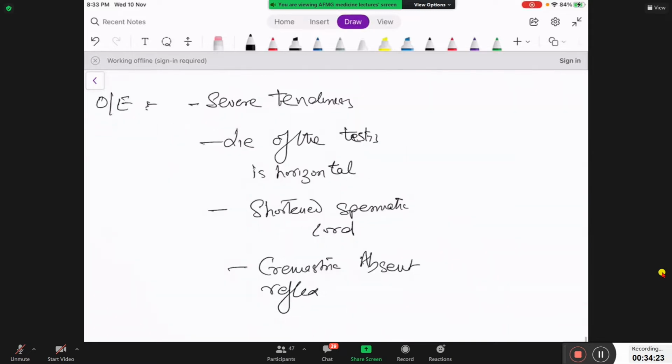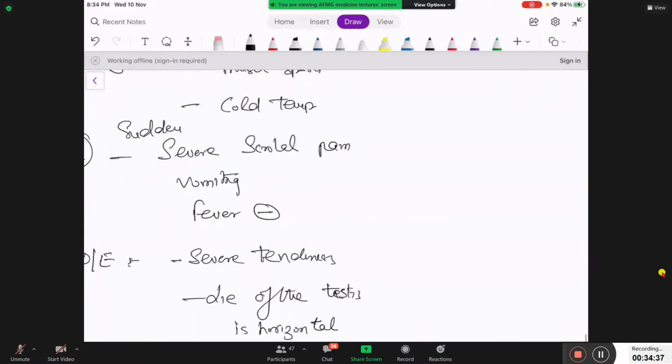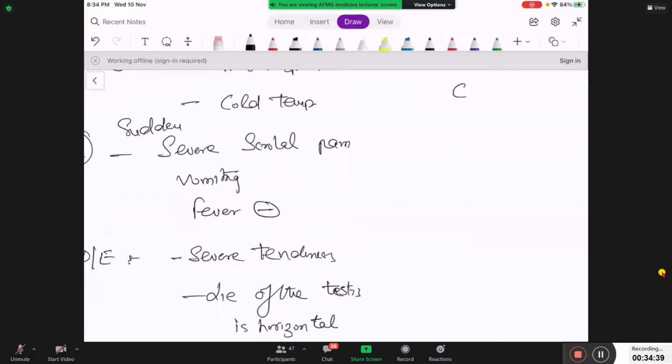Now, please be very careful. The most important differential diagnosis of testicular torsion is epididymo-orchitis. Inflammation of the epididymis and testis is epididymo-orchitis.